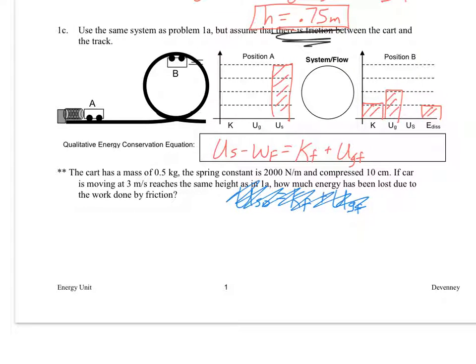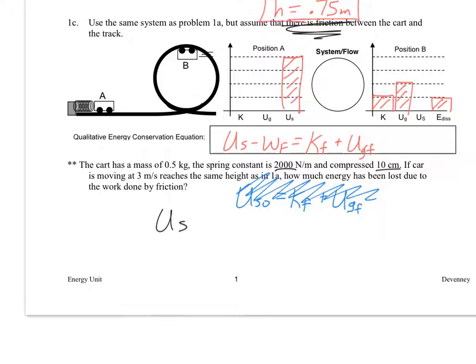So the elastic energy is the same, right? It's the same spring in the same amount, so it's still those 10 joules that we found in the other part. So we've got 10 joules of energy minus the work done by friction, and that's what we're looking for in this case, equals our 1/2 mv squared, so 1/2 times our mass times our velocity of 3 squared.